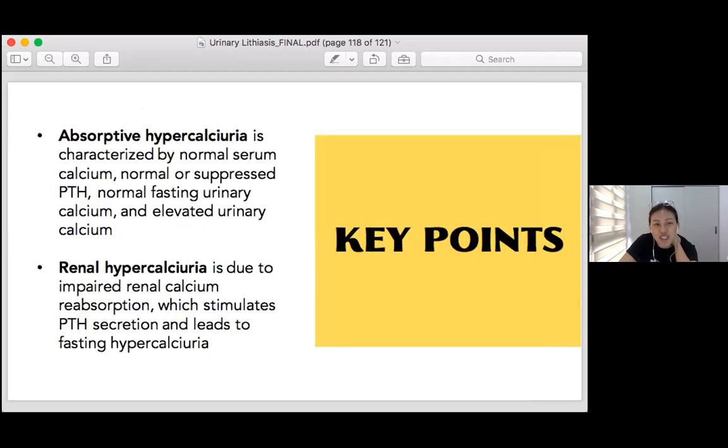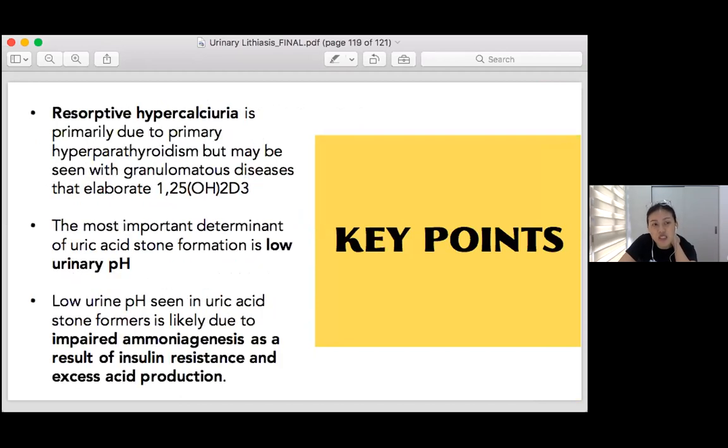So for the key points, absorptive hypercalciuria is characterized by normal serum calcium. Renal hypercalciuria is due to impaired renal calcium reabsorption. Resorptive hypercalciuria is due primarily to primary hyperparathyroidism. And the most important determinant of uric acid stone formation is low urinary pH.